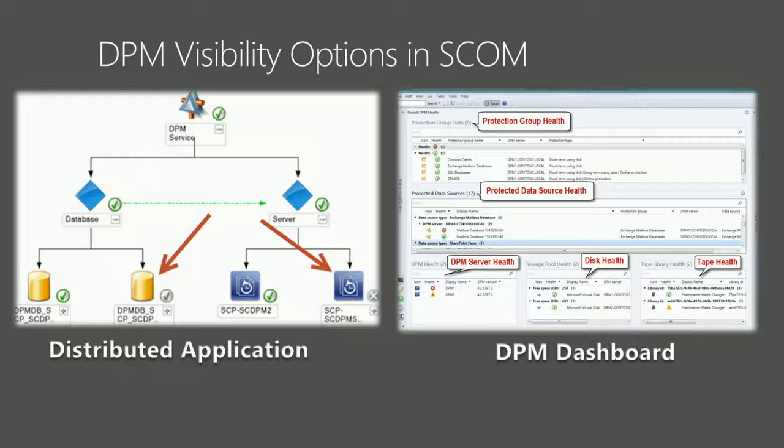In this DA, we're showing a couple of DPM servers and their databases. But essentially what you could do with this is bring in the protected data sources. Or you could do this around your top tier 1 applications that you want to make sure are backed up, as a part of your SLA.